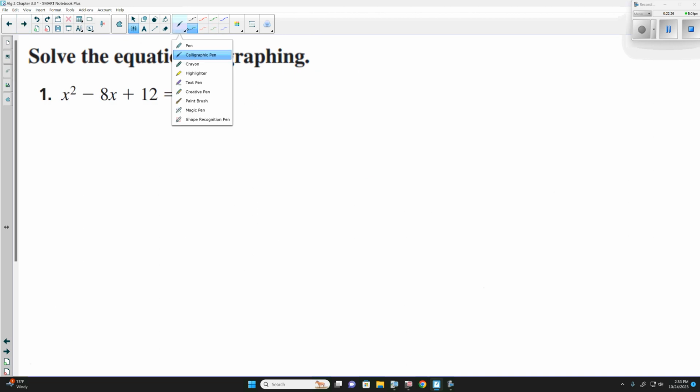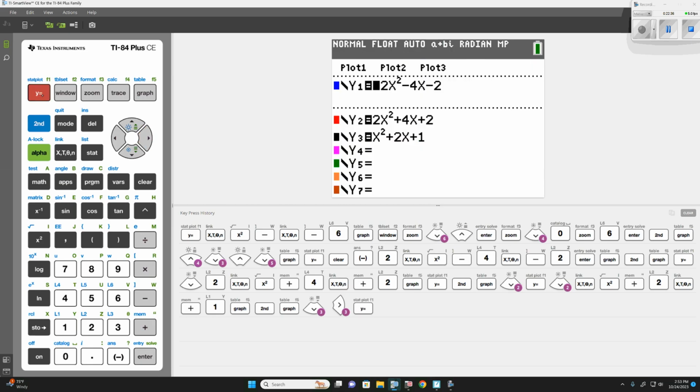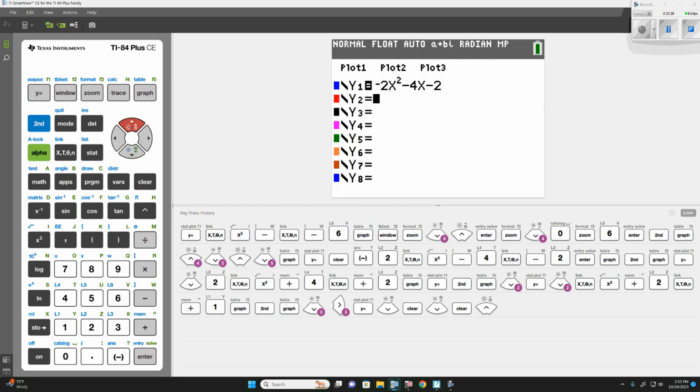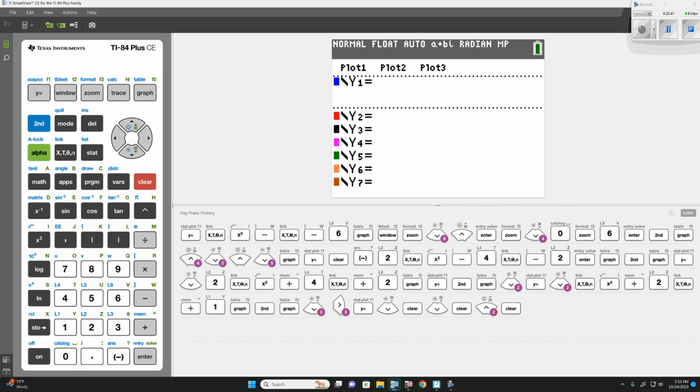Let's look at the next one. X squared minus 8x plus 12. Well, it is already equal to 0, yes? So in the graphing calculator, throw all these out, we can do x squared minus 8x plus 12, I believe is what the equation was, yes? And once we type it in, we can hit graph.